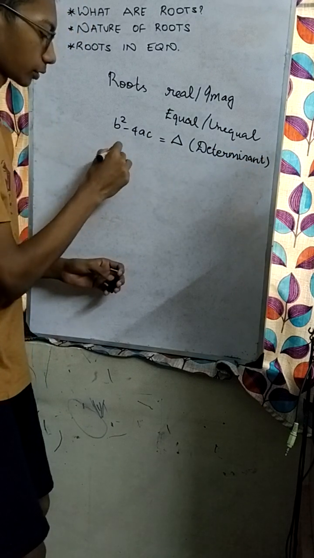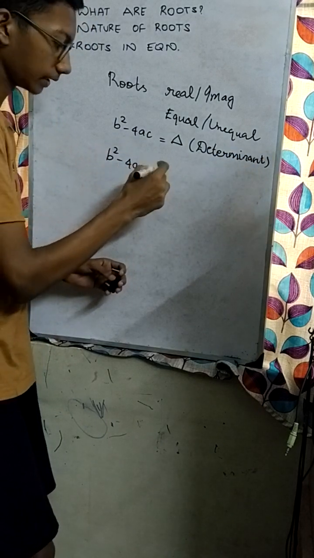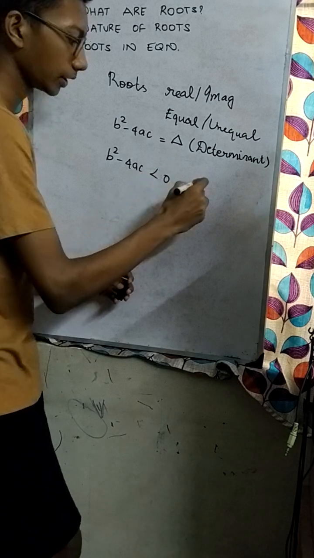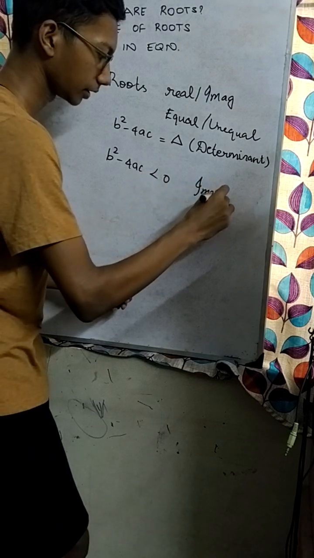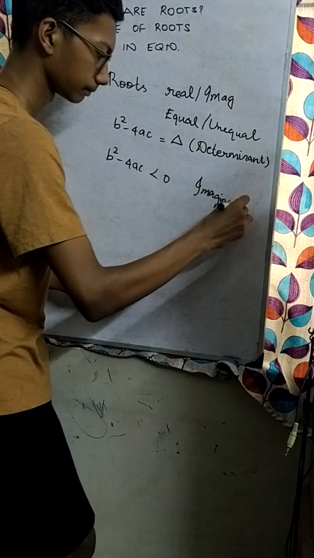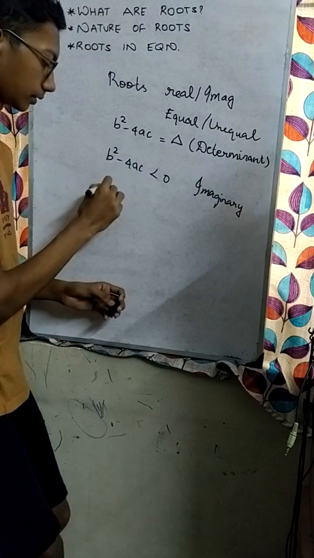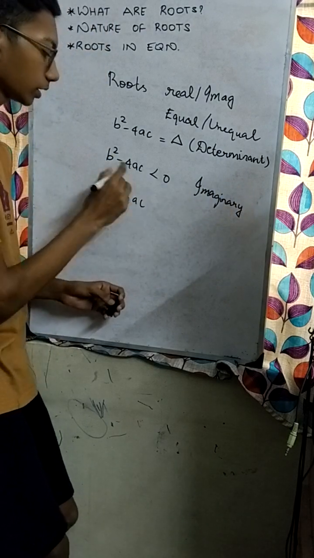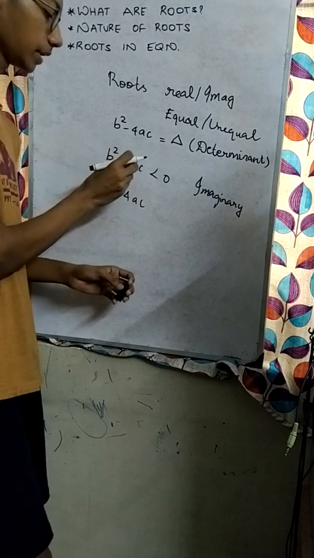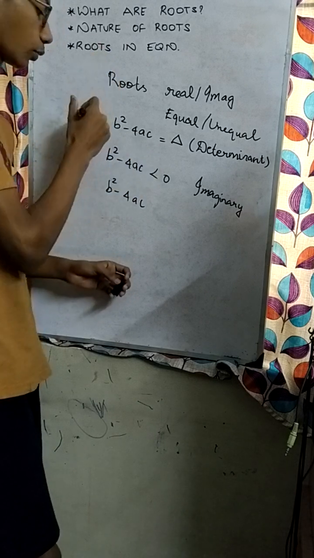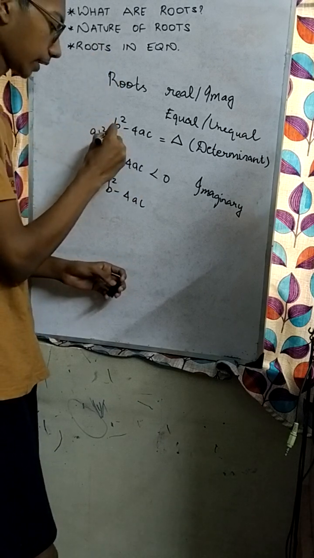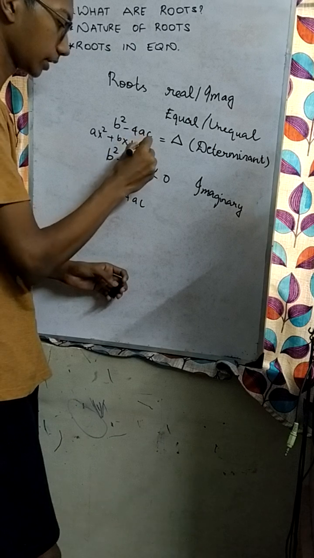If this b square minus 4ac is less than 0, then we get imaginary roots. What this b, a and c are from the general quadratic equation, that is ax square plus bx plus c equals 0.